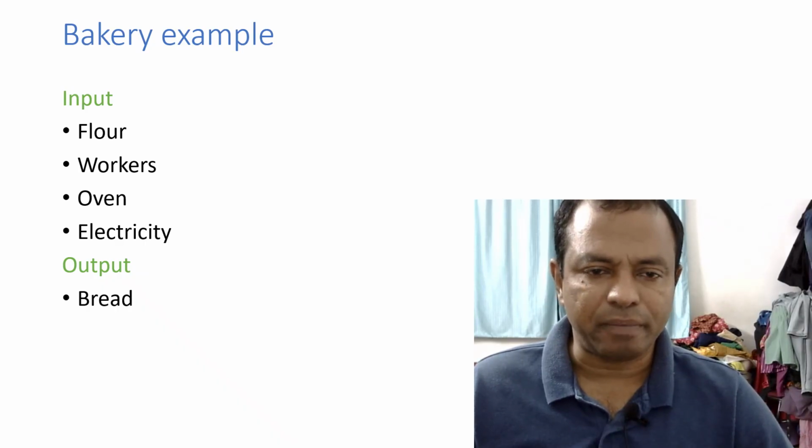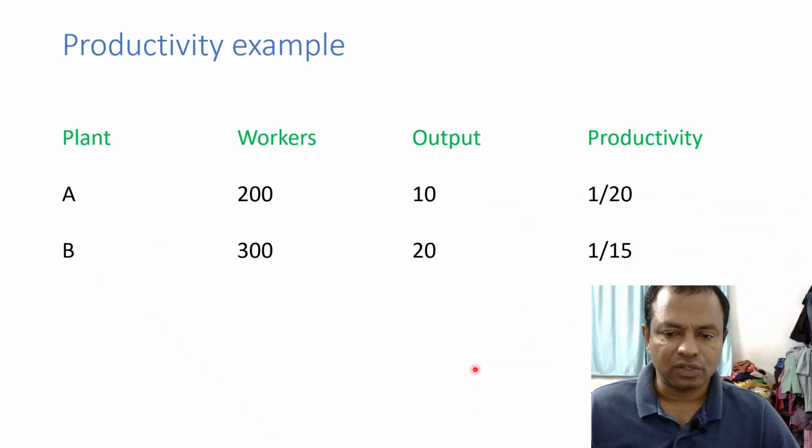Take the case of a bakery example. Here input is flour, workers, oven, electricity, and output is bread or any other bakery item. So here two plants A and B are there. In A 200 workers, in B 300 workers.